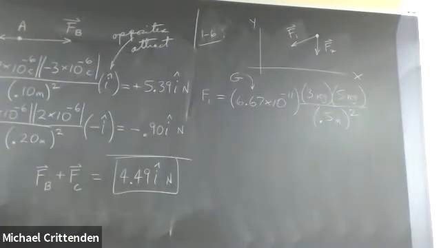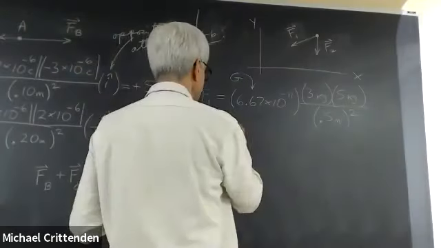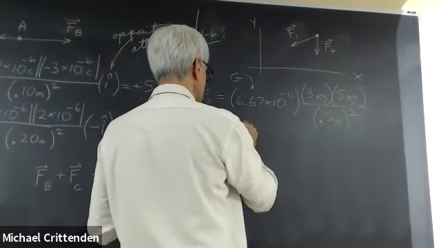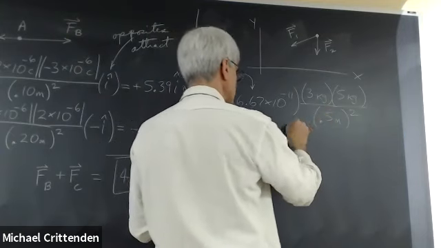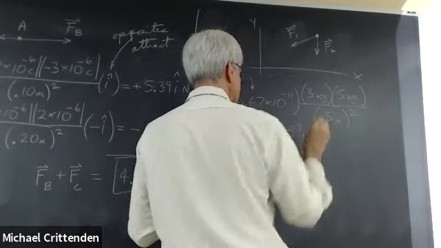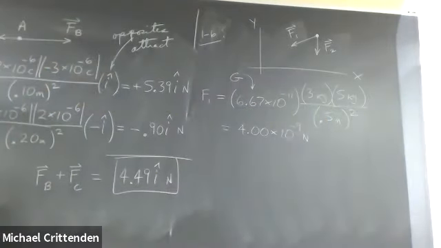So G M1 M2 over R squared is the equation for gravity that corresponds to the Coulomb's law constant times Q1, Q2 over R squared. Very similar kind of thing. And because there isn't very much mass, it's not a very big force at all. 4 times 10 to the negative 9th of a Newton.